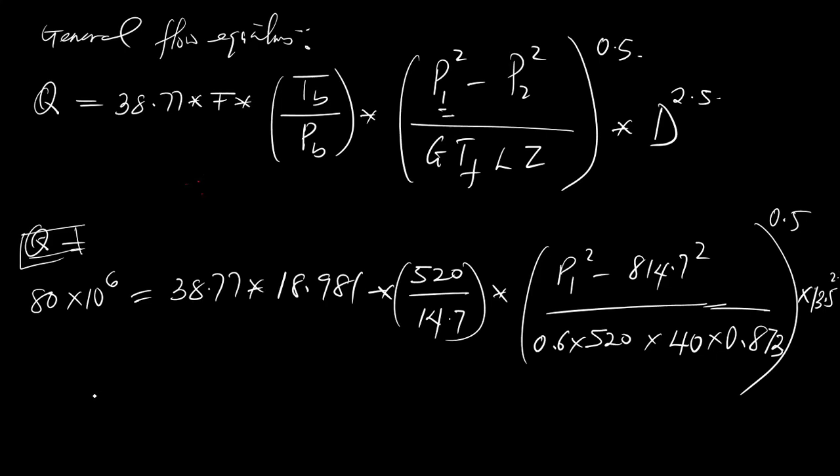Now, to get our P1, first let's solve for this whole term that is in brackets. To do that, we move the whole of this value to this side.